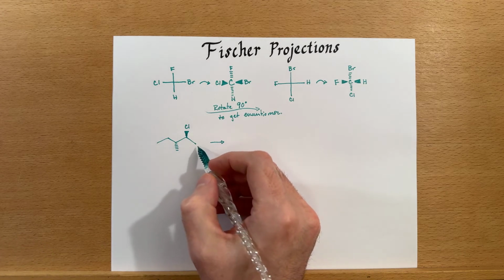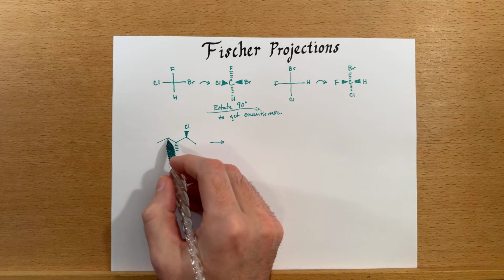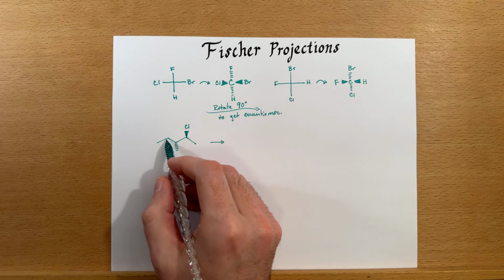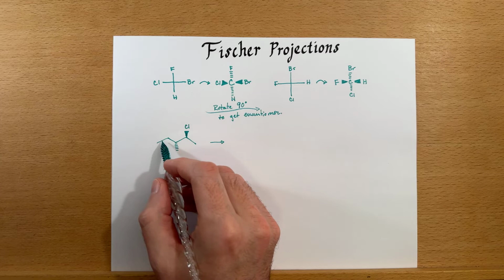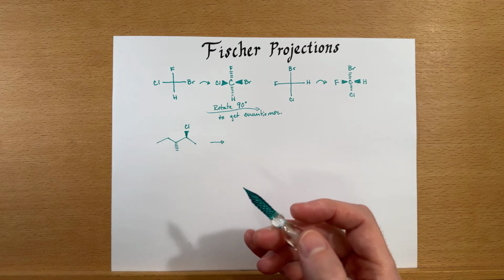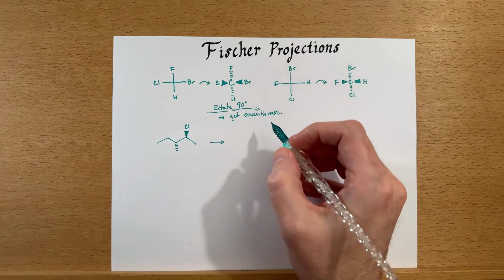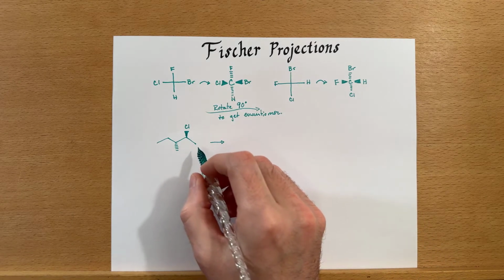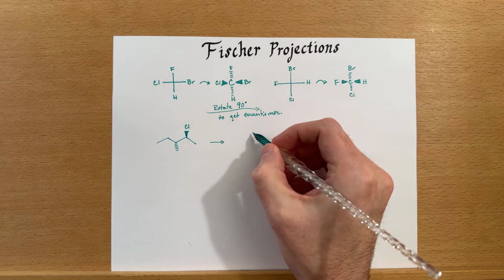It is not a stereocenter. Also for these carbons back here, let's think of it as the ethyl, these two carbons, 4 and 5, they are also not chiral. And so they're not included the same way in the Fischer projection.